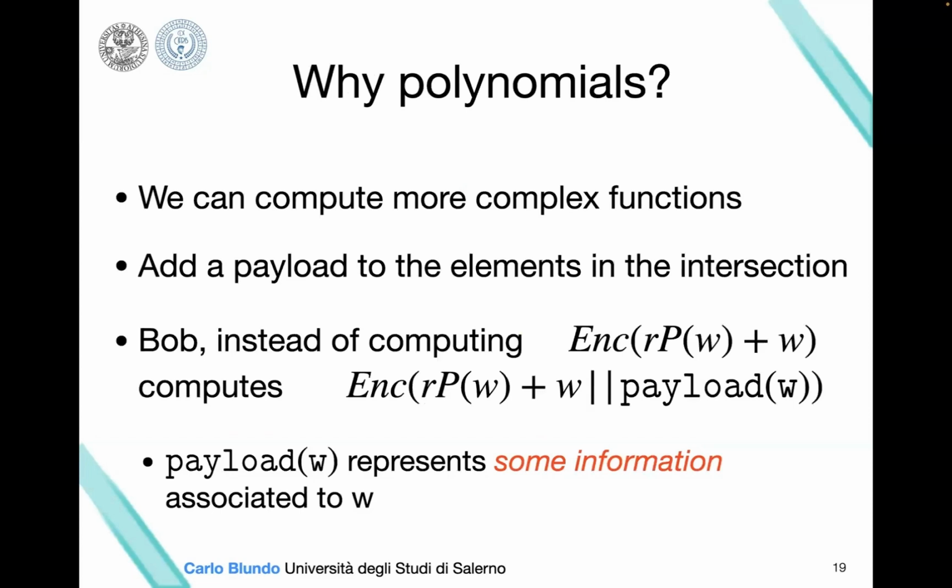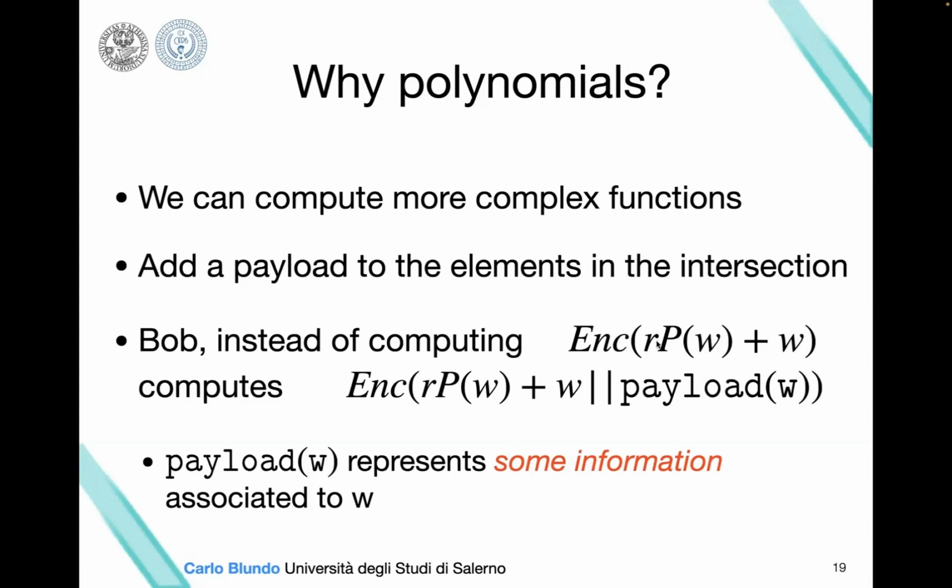But why do we use polynomials? It seems that this protocol is much more complicated. Well, because we can compute more complex functions. It's simple to add payloads to the elements in the intersection.